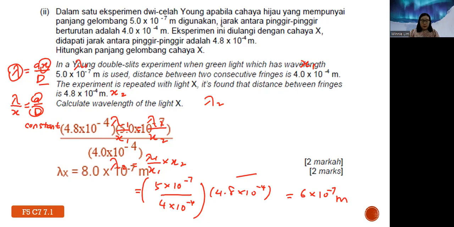Exponent negative 4 times 5 times exponent, then divide by 4 times exponent negative 4. Yeah, so yes, the answer is 6 and not 8.